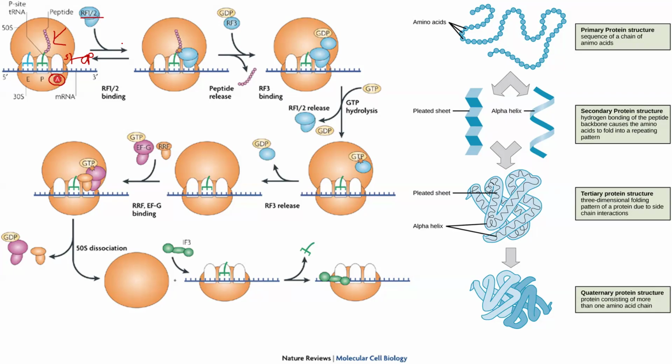So, release factor binds into the A site. Release factor 1 and 2 first bind, and this recruits release factor 3. Release factor 3 binds to GDP, which is then phosphorylated by the inorganic phosphate released by the hydrolysis of GTP.